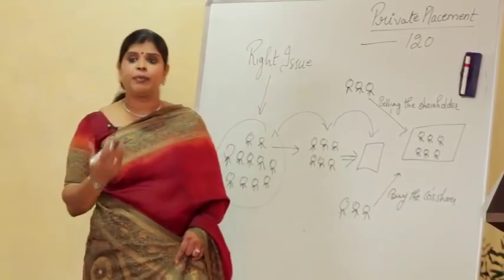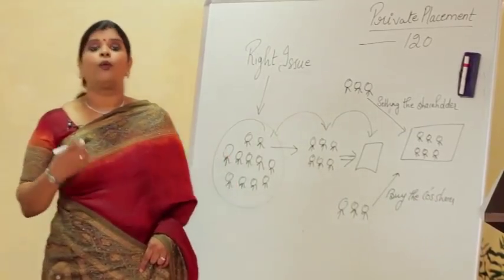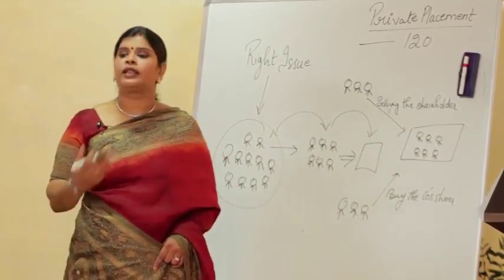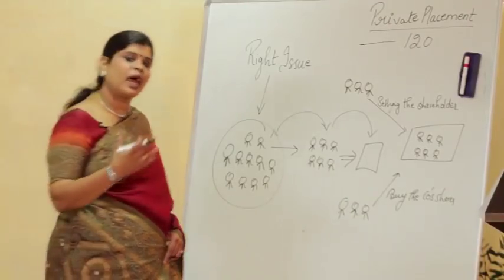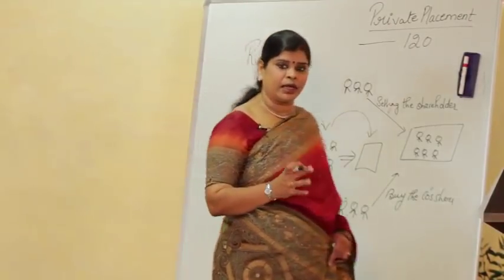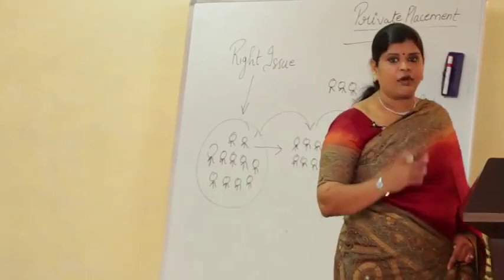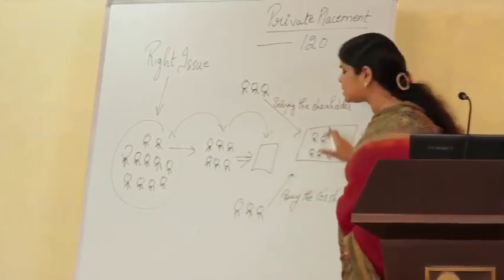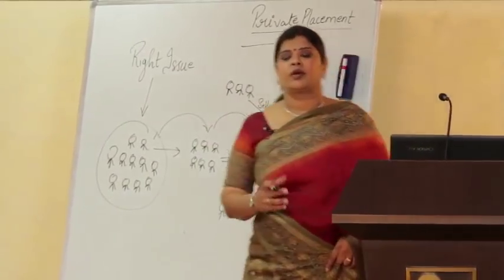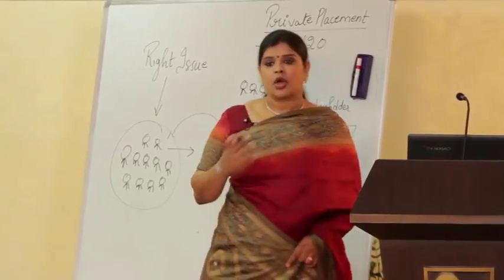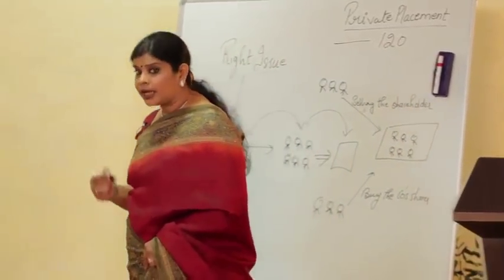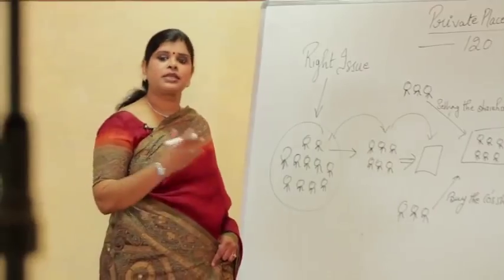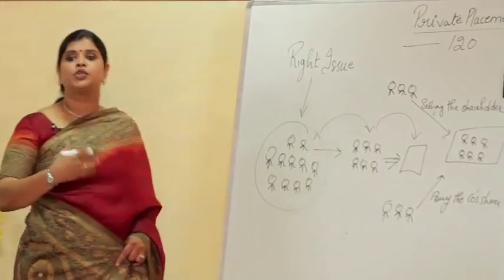But friend, very important is that they need to know where they can do the transaction, where they can trade, right? So for having a secondary market, an organized market for trading of these investors, we come across the stock exchanges. Stock exchanges provide the platform for these investors to come and do the trade.